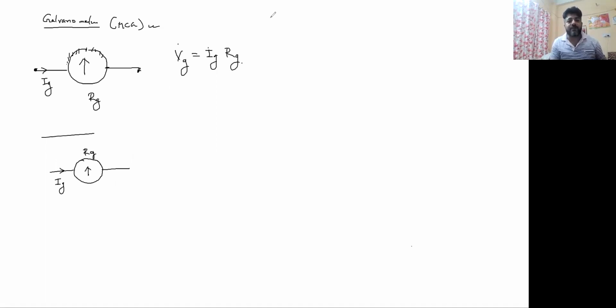So how you convert a galvanometer into ammeter? How you convert a galvanometer into ammeter?